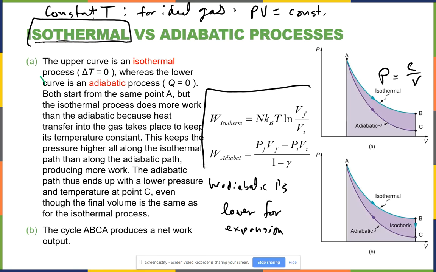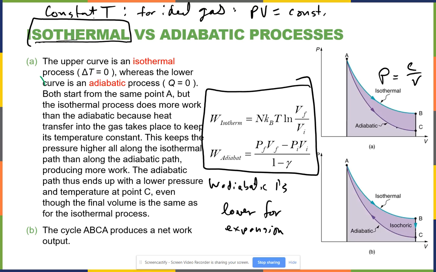These two equations here come from calculus. If you want to see how they're done, just come to class tomorrow. Otherwise, take it on faith that we can calculate the work for any isothermal process with the upper equation. Notice NKB, that's the same as lowercase n capital R, times temperature times the natural log of the final volume over initial volume.